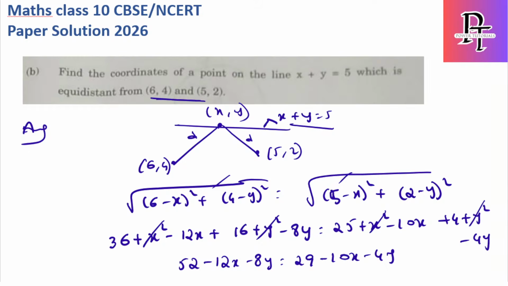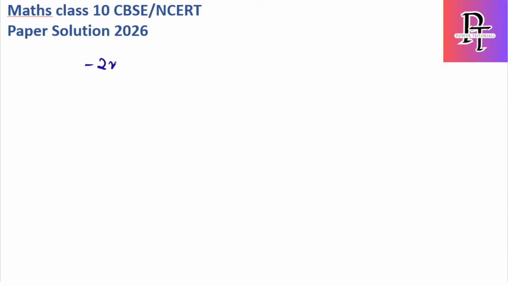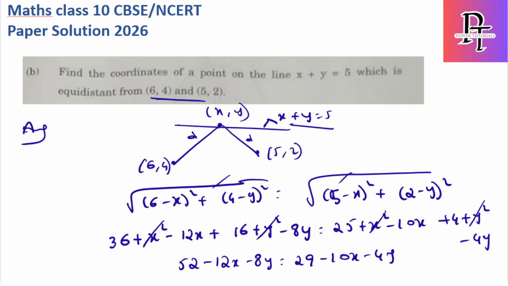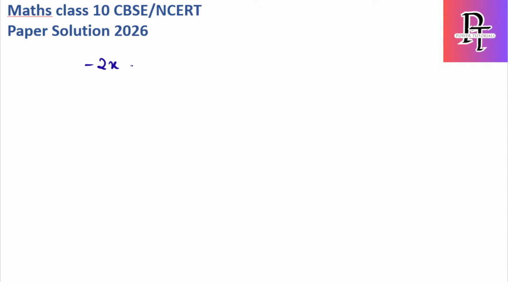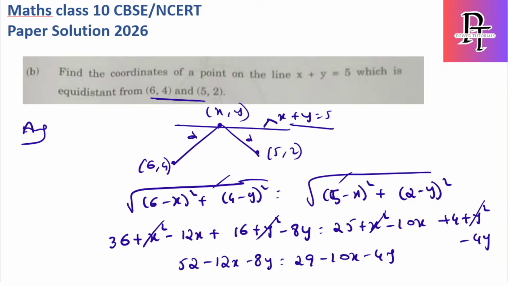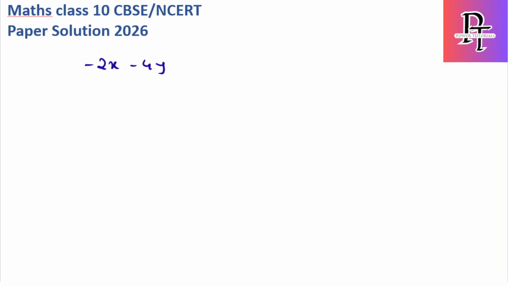So we'll get minus 12 plus 10 is minus 2x, y value minus 8 plus 4 is minus 4y, and we have 52 minus 29 is 22.